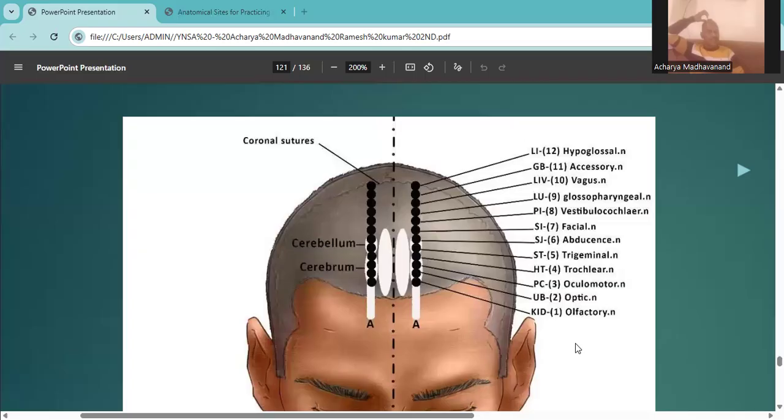So all the points are here. All the points are dotted. When you find it with the probe, then you use it.